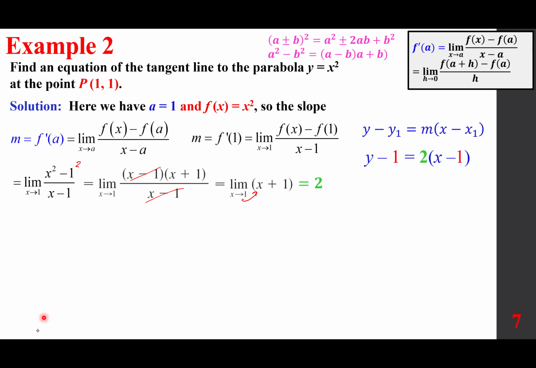And y equals 2x minus 2 plus 1, which is 2x minus 1. And again, bear in mind, if you plug in 1, it should work, and it does. That means this process is right, has got nothing to do with finding the slope, okay?